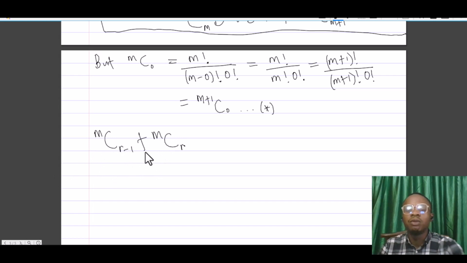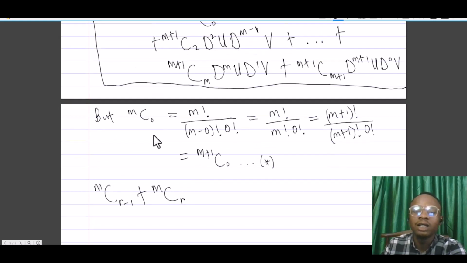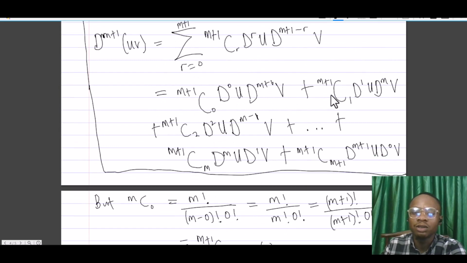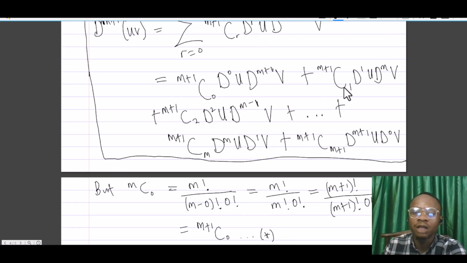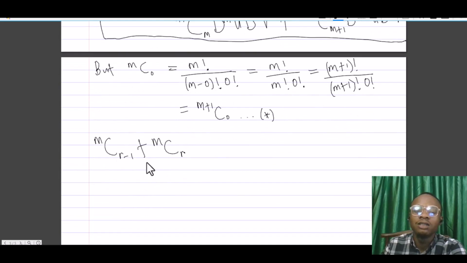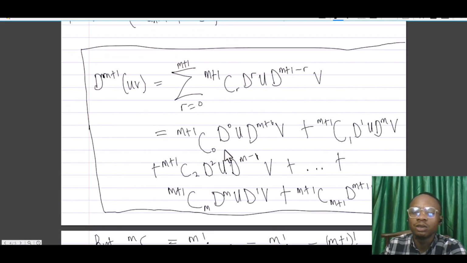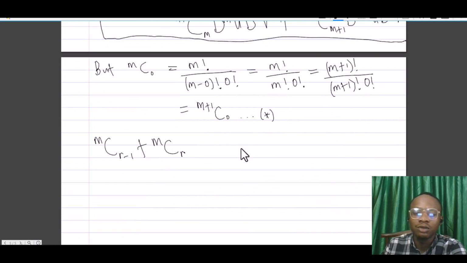So let's see what this will give us. And we can begin to work rigorously and try to prove that it is actually equal to what we are driving towards, which is m plus 1 combination r. But we can easily also verify that it will be true by using our calculator to check.